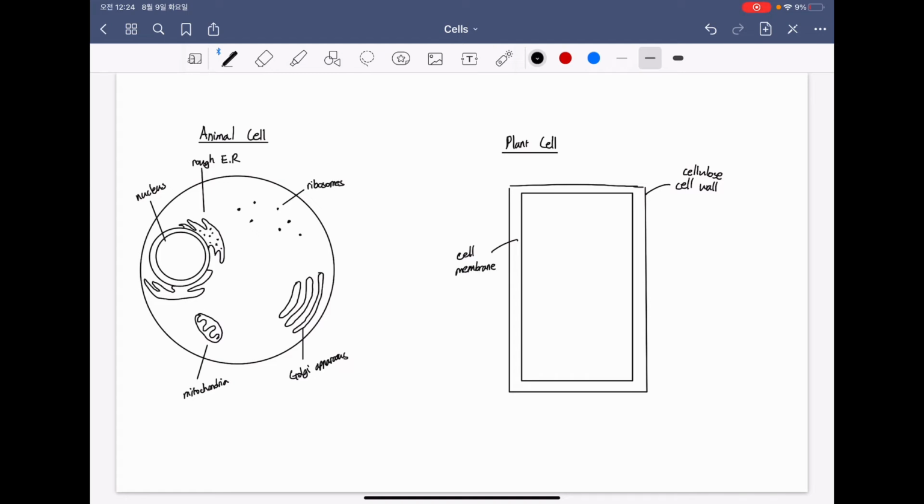It also has a nucleus like the animal cell. We'll draw a nucleus here. And interestingly, a plant cell has a large vacuole, unlike an animal cell. This is an empty space here.